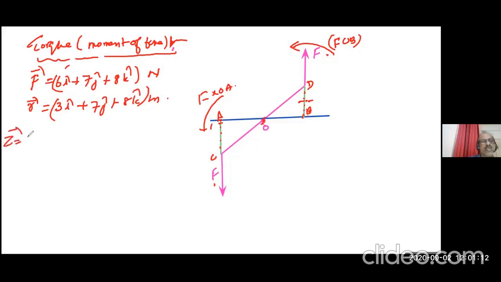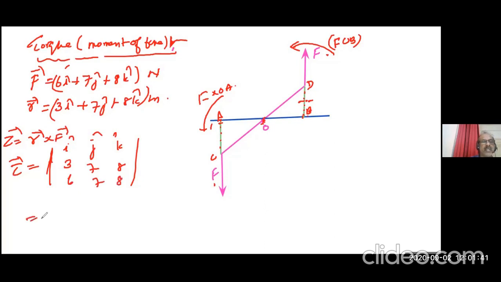So torque is equal to r cross F. It's not F cross r, r cross F. Then torque is equal to, you have to put 2 lines here, i, j, k. Sorry, it should go reverse. First r, 3, 7, 8. Otherwise, you will go wrong. r cross 6, 7, 8. i into this cancel, 56.